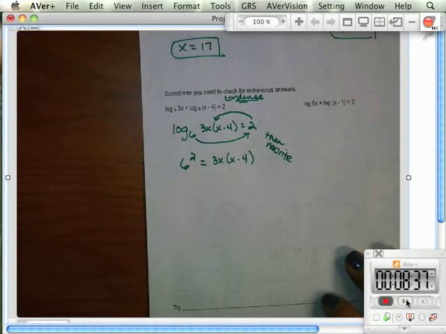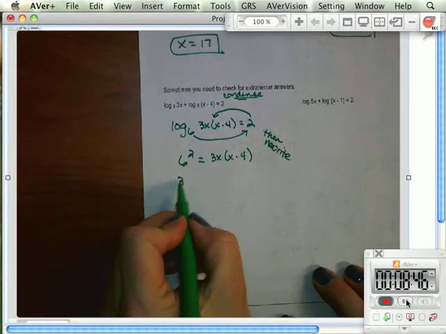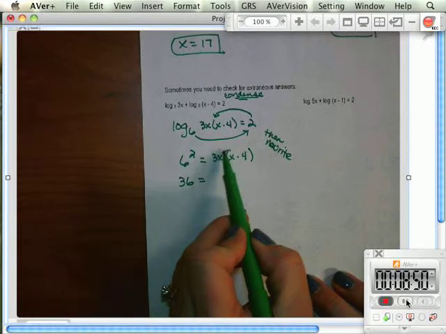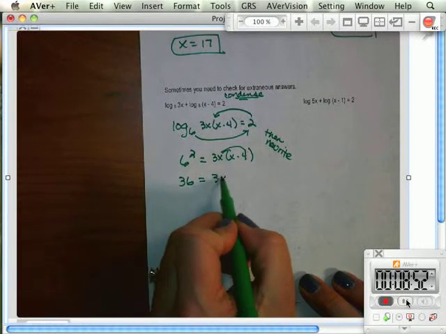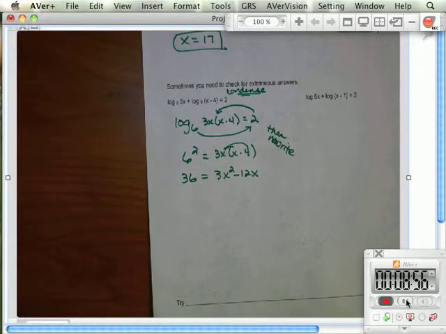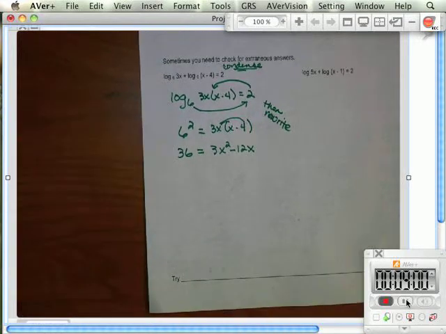Oh, does anybody know where we're heading here? They're quadratic equations, which means we're going to factor eventually to solve for x. So I have 36. I'm going to distribute the 3x. Remember, my goal is to solve for x, so what do I need to do? I have to set it equal to what? 0. So minus 36.